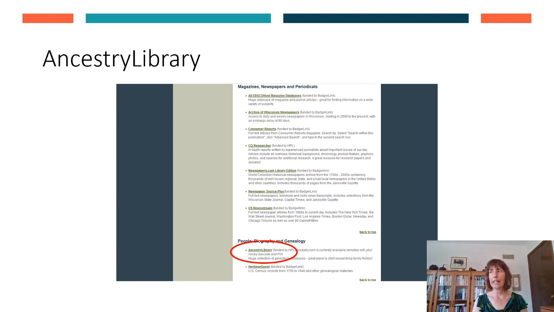When you click on the link, it will ask you for your Hedberg library card number and PIN to verify that you are a member of the Hedberg Public Library. Ancestry Library will be available from home at least through the end of September 2020. After that, the company will look at conditions within the pandemic to see if another extension is needed.